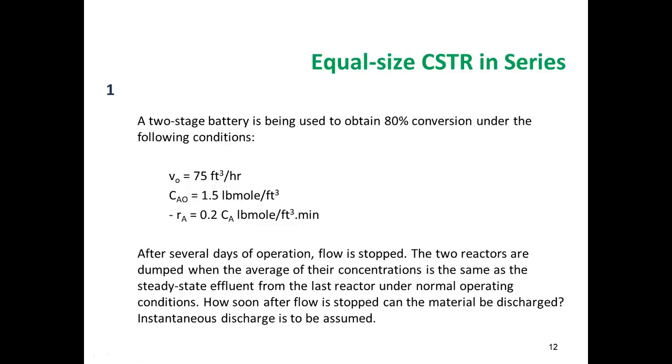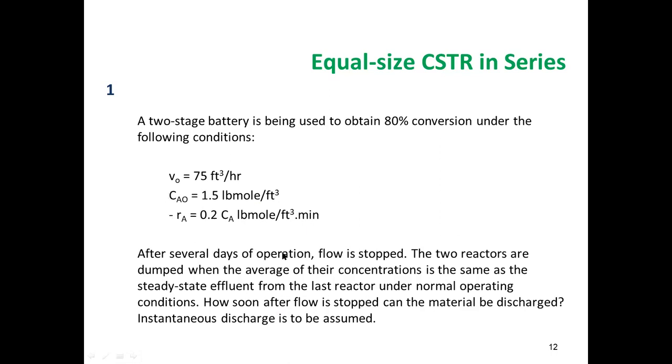So let me start off with this particular problem of a two-stage battery which is being used to obtain 80% conversion of the feed. So these are the given information. You have this as the volumetric flow rate, the initial concentration, and the rate law for your given reaction.